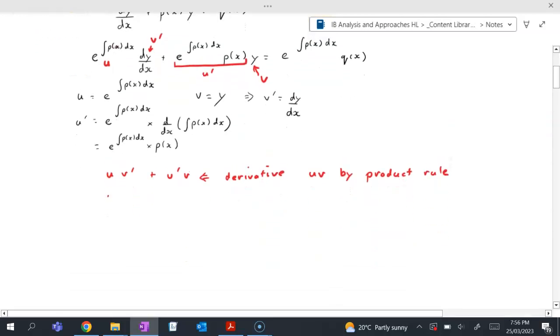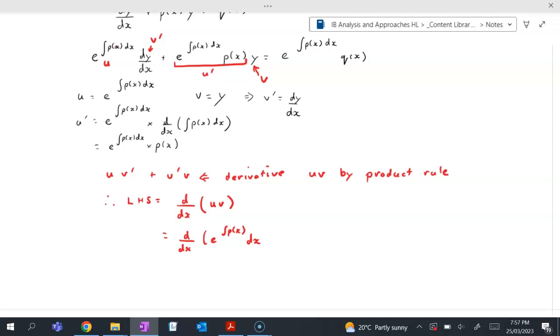So what does that mean? Well, we can say therefore the left-hand side is just equal to d by dx, the derivative of uv, which in this case, well, what did we say? u was e to the integral of p of x dx, and v was y.